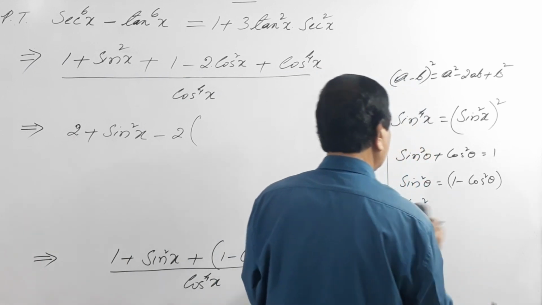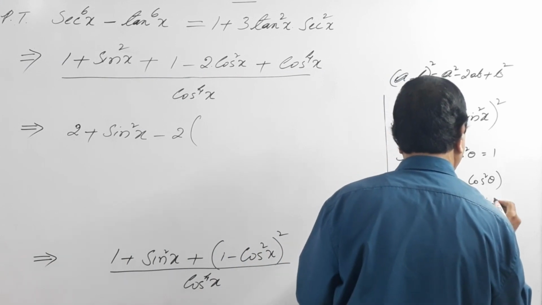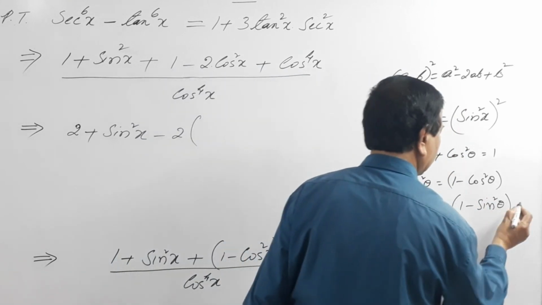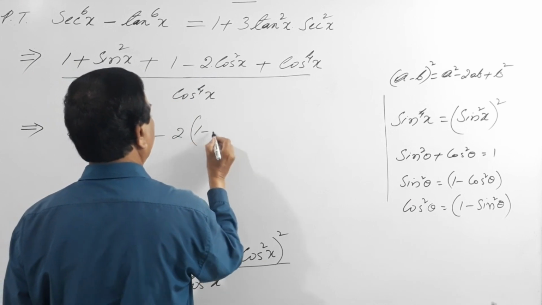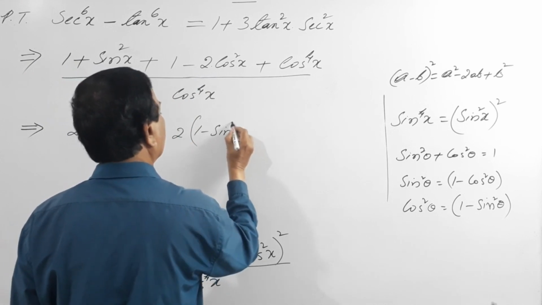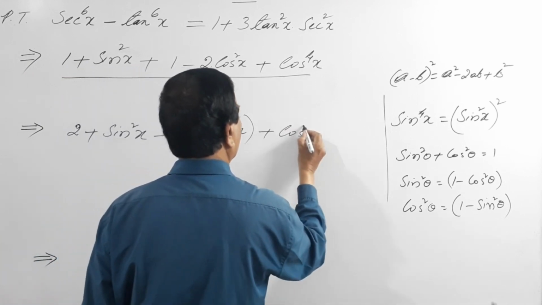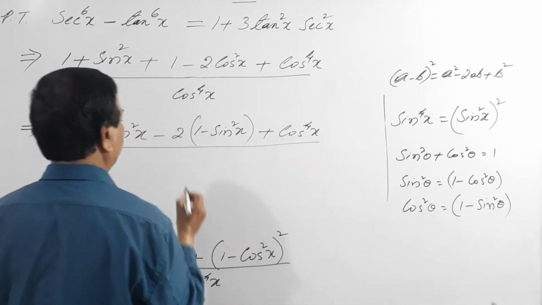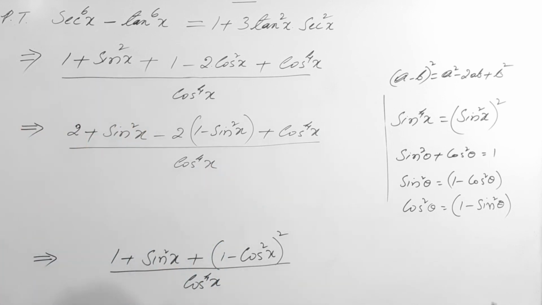Cos square theta is 1 minus sin square theta. So this will be 2 into 1 minus sin square x plus cos to the power of 4x divided by cos to the power of 4x.